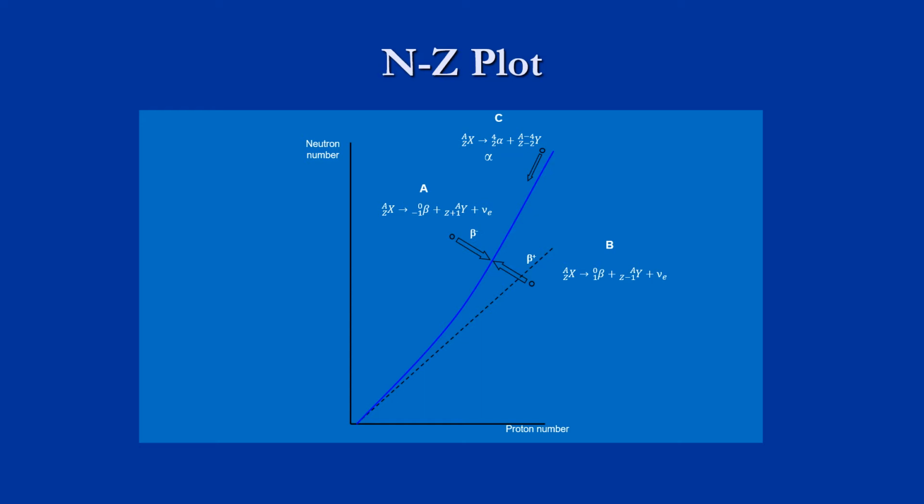And then for much heavier isotopes where their proton number is greater than 60, you have these very large, unstable isotopes. They tend to emit alpha particles, so situation C, and that's to come down towards more stability, towards the blue line.